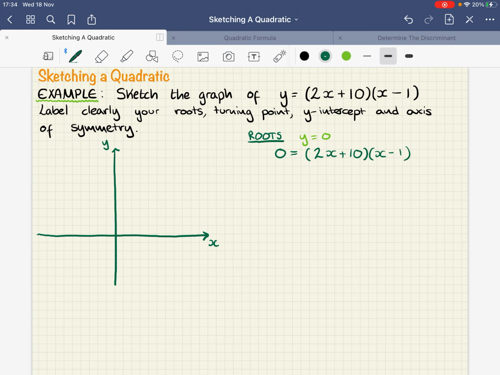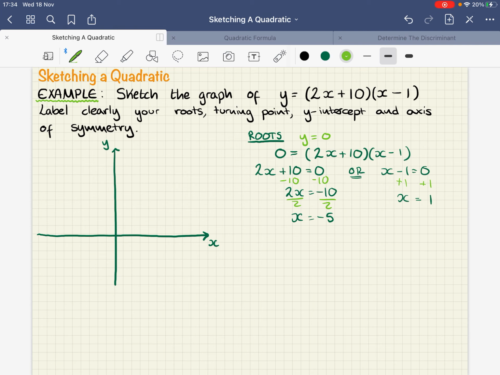So now I've got two brackets multiplied to give me 0. So I need to solve them. And that means one of my brackets has to equal 0. So I would take away 10 on both sides to give me 2x equals minus 10, and then divide by 2 to give me x equals negative 5, or I just add 1, so x equals 1.